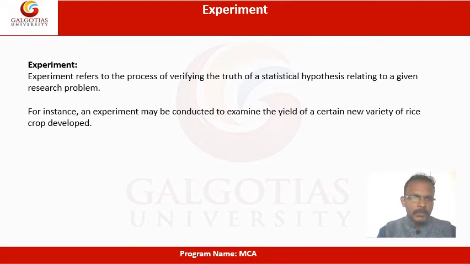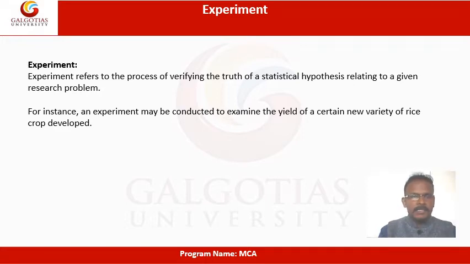Experiment refers to the process of verifying the truth of a statistical hypothesis relating to a given research problem. For instance, an experiment may be conducted to examine the yield of a certain new variety of rice crop developed. So, experiment is called practical-oriented research.